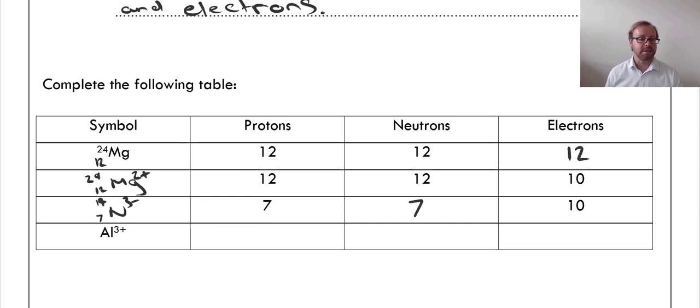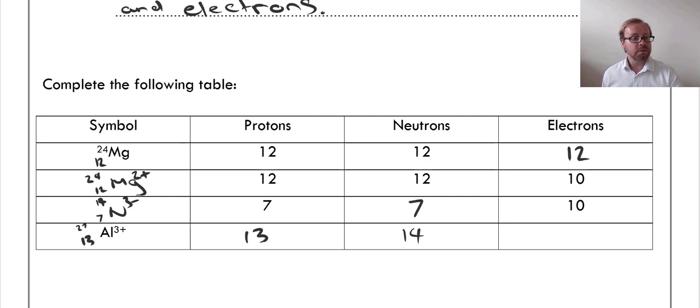And last but not least, aluminium. Okay, so I need to look at aluminium on the periodic table to work out its proton number, which is 13. I can work out my neutrons from minusing my atomic number from my mass number, which gives me a value of 14.